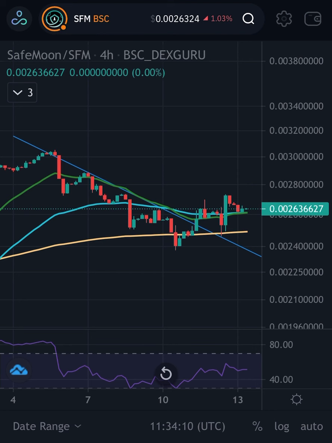But the whole market has been suffering these past few weeks, and it was actually impressive what Safemoon did in the end of December, beginning of January, because as a lot of assets were dropping and falling, Safemoon was rallying. But now, in the recent weeks, it did succumb to the market sentiment, which was bearish, but not severely. As you see, recently it managed to break above the bearish trend line.